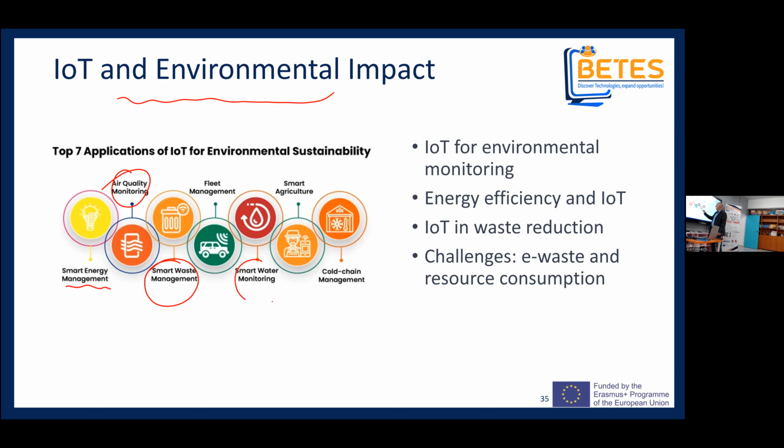We have smart water monitoring. A lot of water is wasted through leakages, etc. Fleet management for cars, smart and precision agriculture, cold chain management. So Internet of Things, if applied correctly, can definitely help for a sustainable environment and the SDG goals of the United Nations.